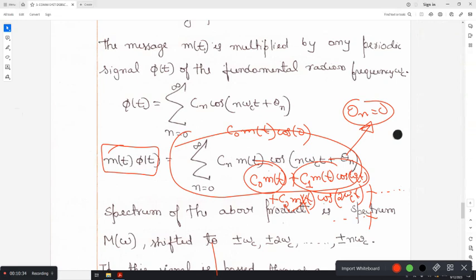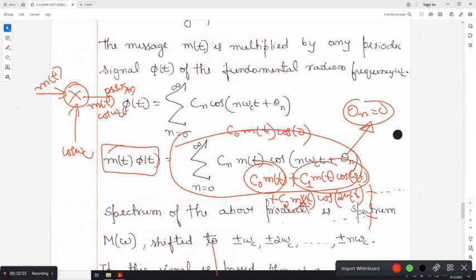What you require is only m of t into cos omega ct. This is your DSB-SC AM wave.